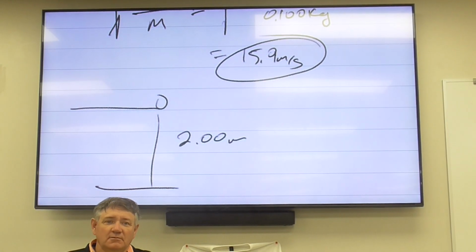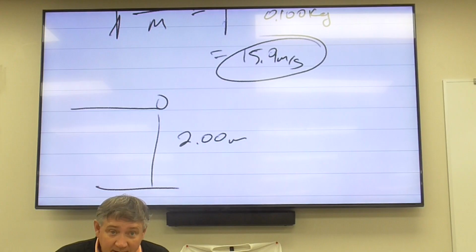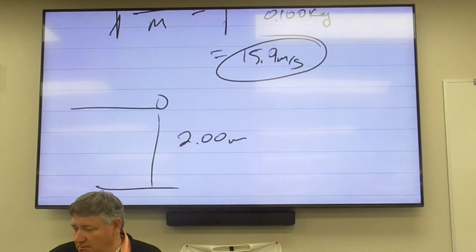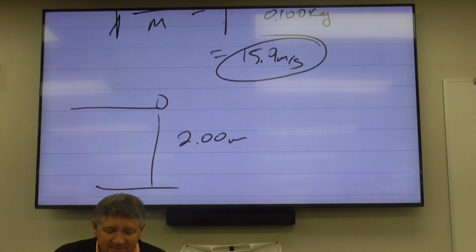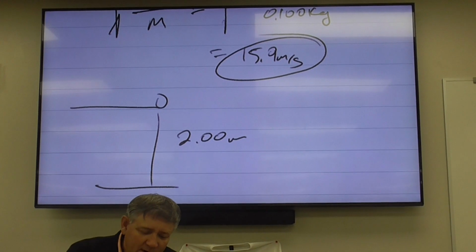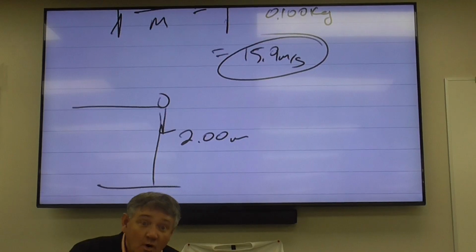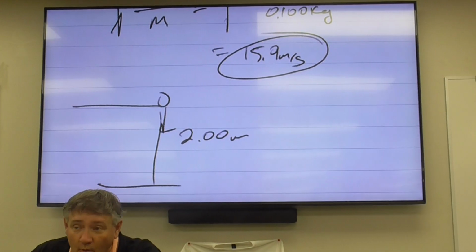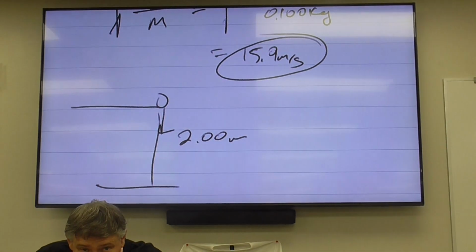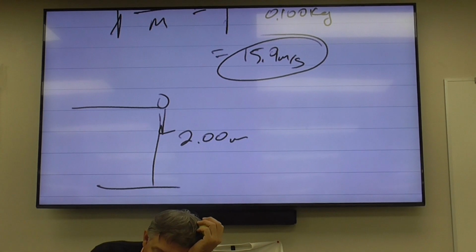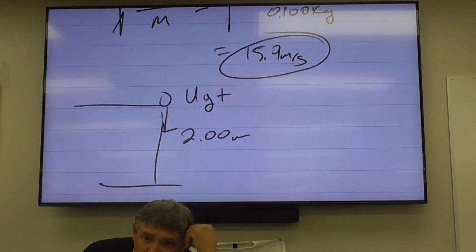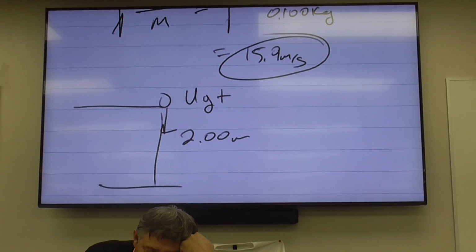There's more height. It's gonna turn around and then fall. It starts off with kinetic and potential energy. So at the top, you're still going to have UG, but what else are you going to have? Kinetic energy.